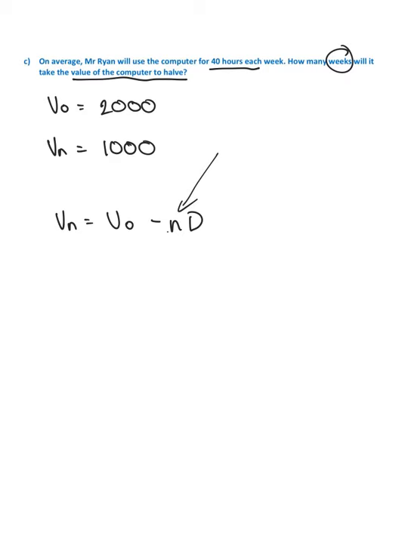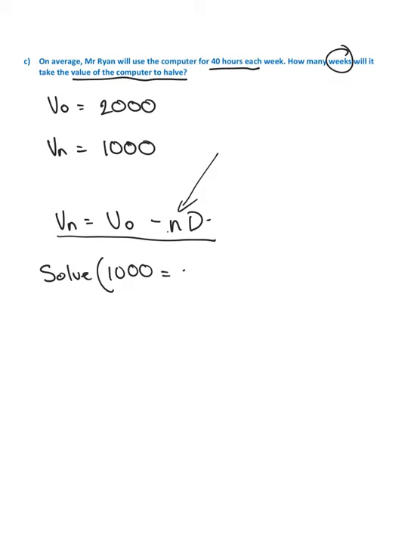Vn is going to be equal to 1,000, and we know our D, which is 0.32 dollars per hour. So in your solve function, you're going to write solve. Vn is going to be 1,000. I'm subbing the values into this formula here.